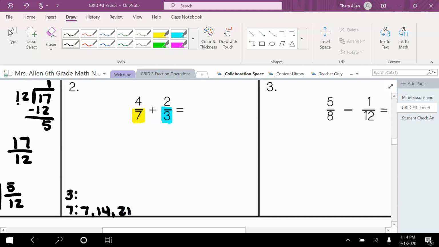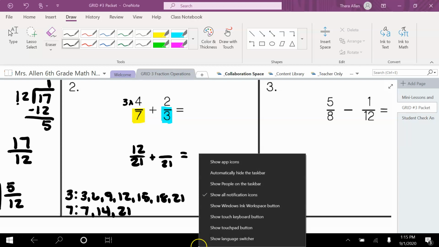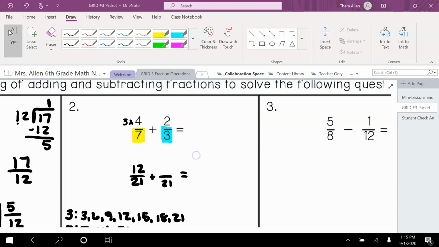Oh, I know that 21 is a multiple of 3: 3, 6, 9, 12, 15, 18, 21. 21 is going to be my denominator. 7 times 3 gives me 21. Then I must do that to the numerator. 4 times 3 gives me 12. 3 times 7 gives me 21. And I must do that to that numerator. 2 times 7 is 14.